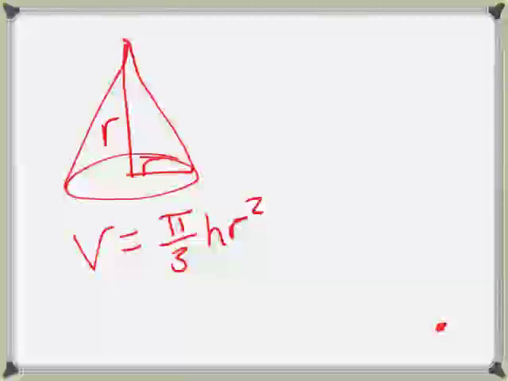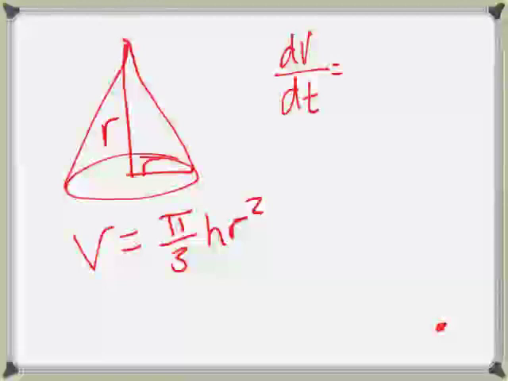So what we want to do is relate the volume in terms of time. So we're taking our derivative in terms of time here to each of the variables that are changing as well. What rule am I going to need? A chain rule and a product rule.